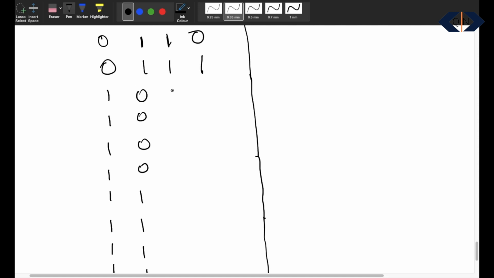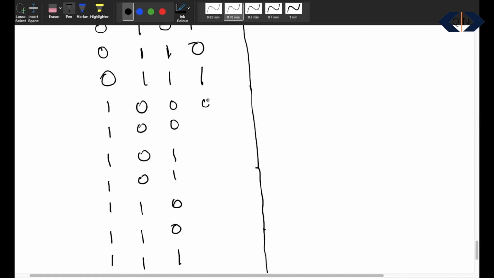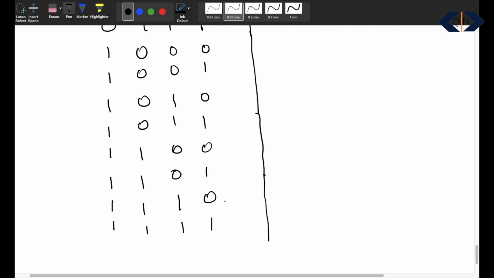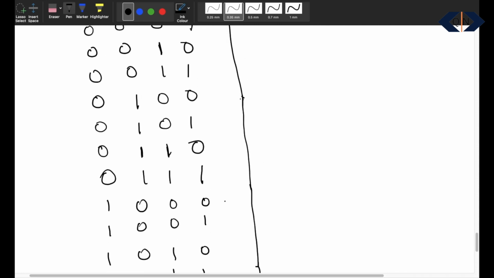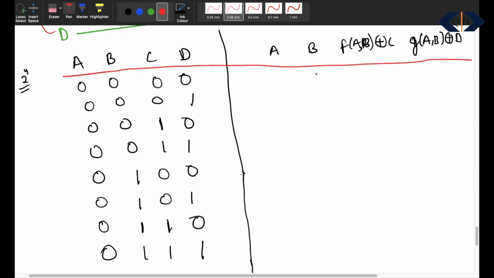Now next will be 0 0 1 1 0 0 1 1. Now next will be 0 1 0 1 0 1 0 1. It is just a quicker way of writing, else you can write it anyway. I have already told you in my earlier video how to quickly write all the possible combinations.